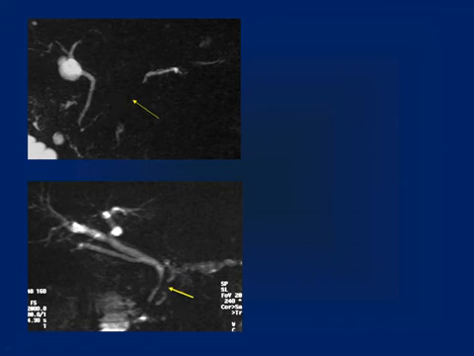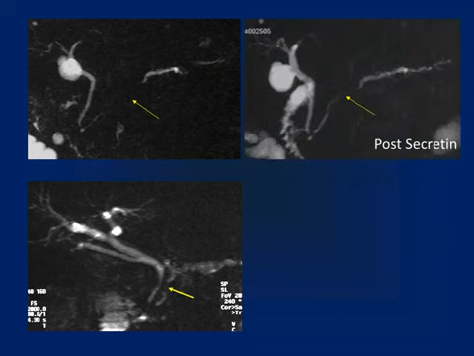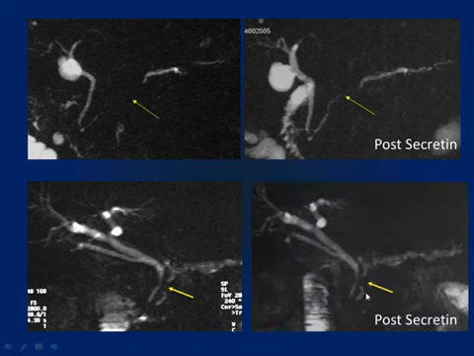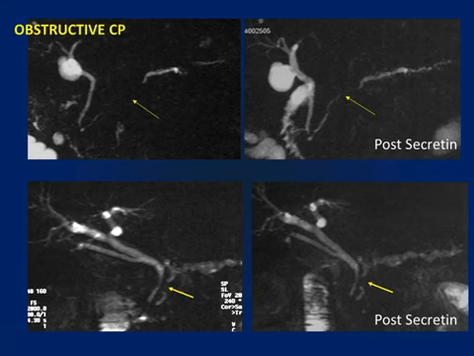It has been shown in the recent past that the injection of secretin may be of value in these cases, because after secretin injection, if you see the tract which was stenosed filling with the fluid, this will be a benign stricture, while if there is no filling of the segment which was involved previously to secretin injection, this is most likely to be a malignant lesion.